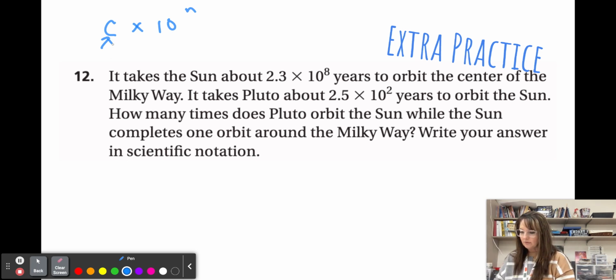So you always want to make sure that it's a decimal greater than 1 but less than 10. So 1 is less than c, which is less than 10. It could be 9.999, whatever it is, depending. The significant figures will vary depending on what you're applying it to, but you don't want it to be less than 1. It could be 1 point something, but it won't be less than 1. n is an integer.